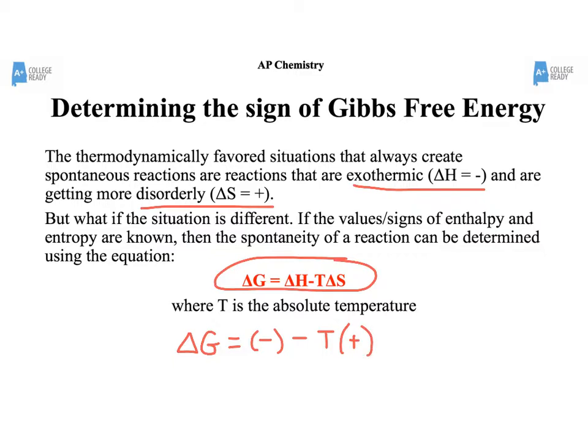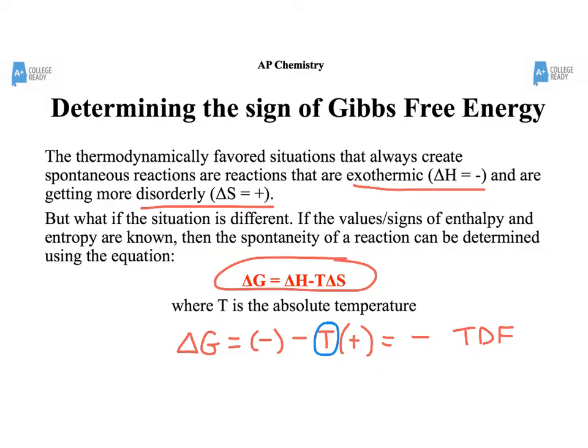Then algebraically, if you have a negative minus a positive, aren't you going to get a negative value? Because keep in mind, the temperature is in Kelvin, which means it's always going to be positive, so that's going to help us out. And what does a negative delta G mean? Hopefully you've heard that by now. A negative delta G means that it is thermodynamically favored. And that's what we're looking for. We're looking for negative delta G's.